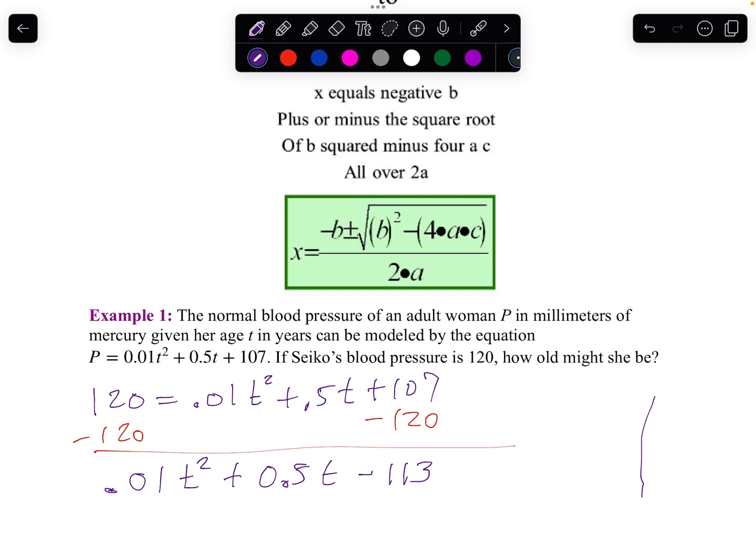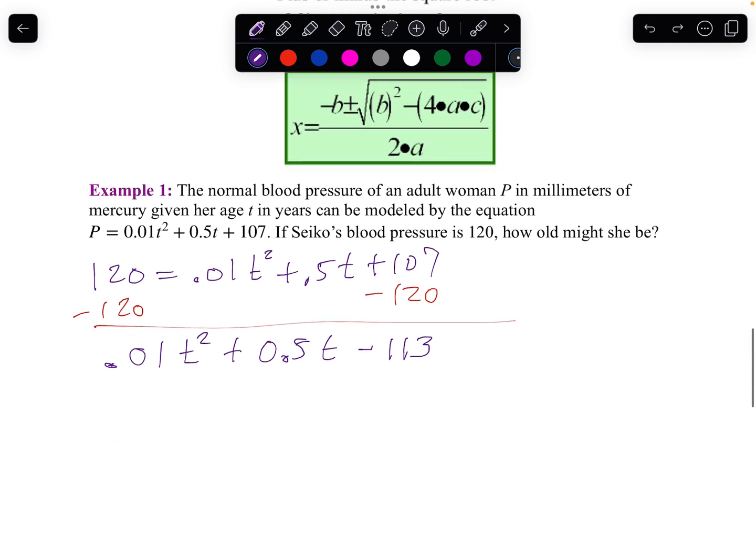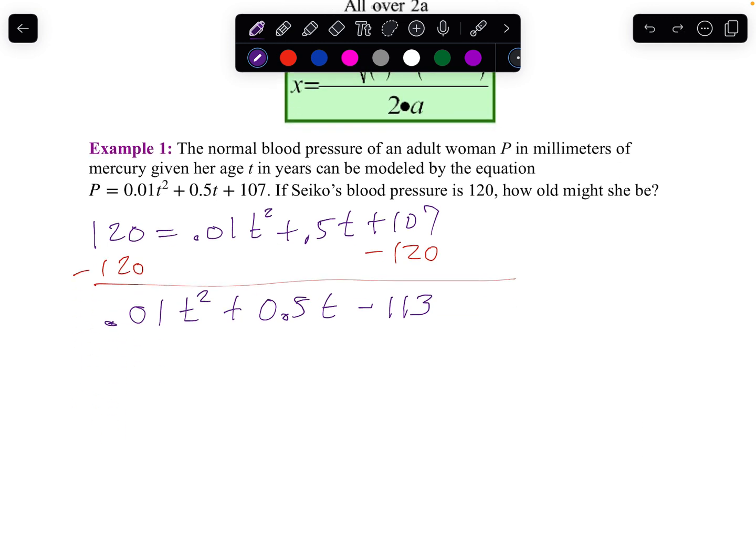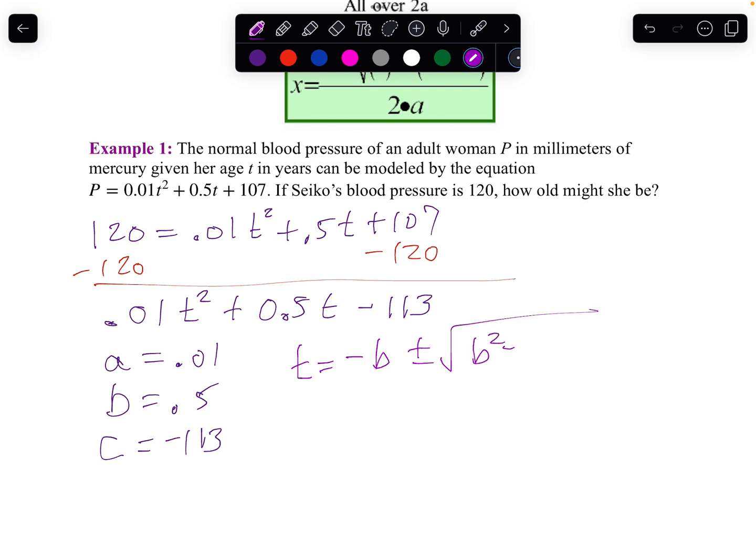So when I do my formula, I know A is 0.01, B is 0.5, and C is negative 113. So when I use my formula, I'm going to say T, rather than X, equals negative B plus or minus the square root of B squared minus 4AC all over 2A.